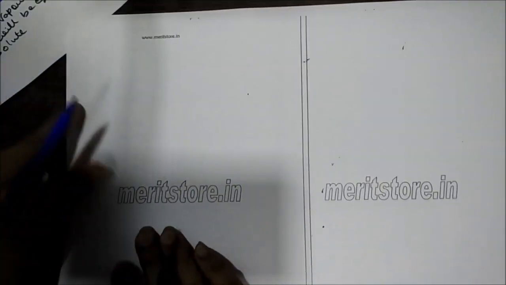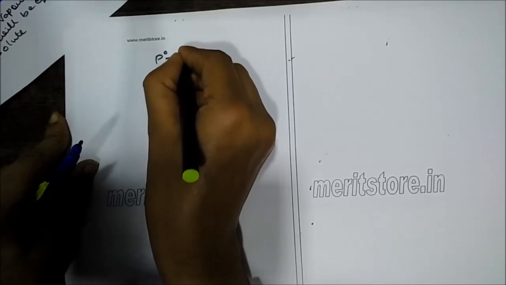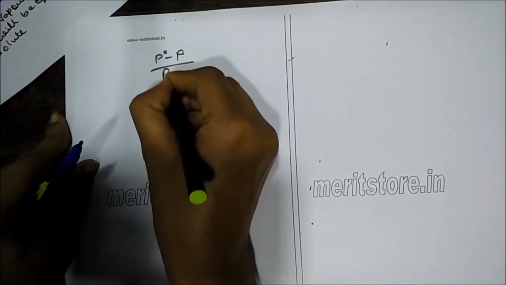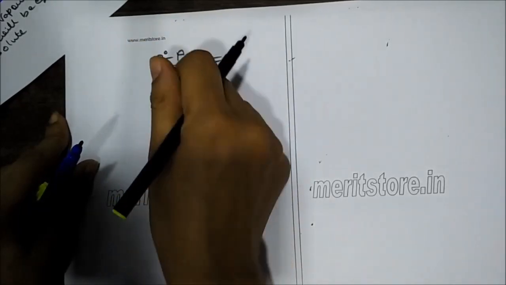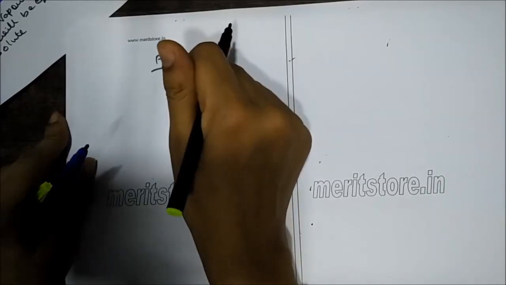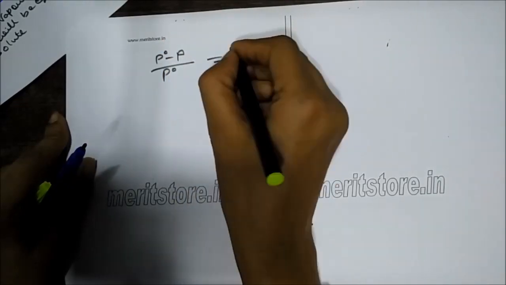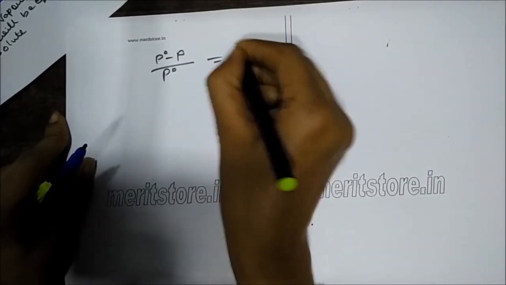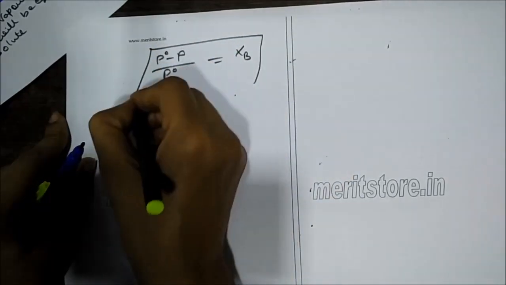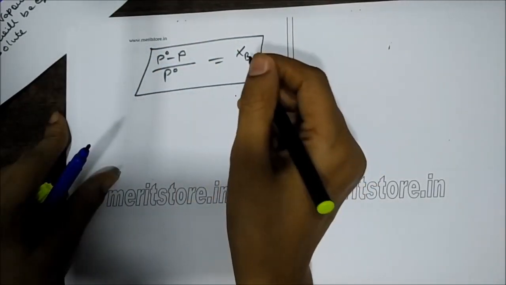We can write it: the relative lowering of vapor pressure is P naught minus P over P naught, and it will be equal to the mole fraction of the solute, which is Xb. So this is the relative lowering of vapor pressure.